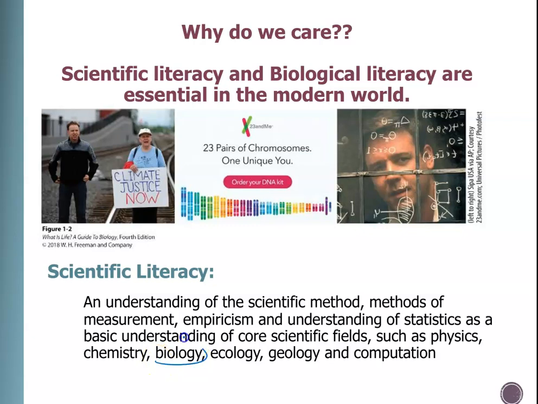Of course, we are going to focus on biology, but having a general understanding of how we do science lets you evaluate the scientific claims that you hear in the news, at school, wherever you might hear these things. It gives you a method for evaluating what you find to be true.